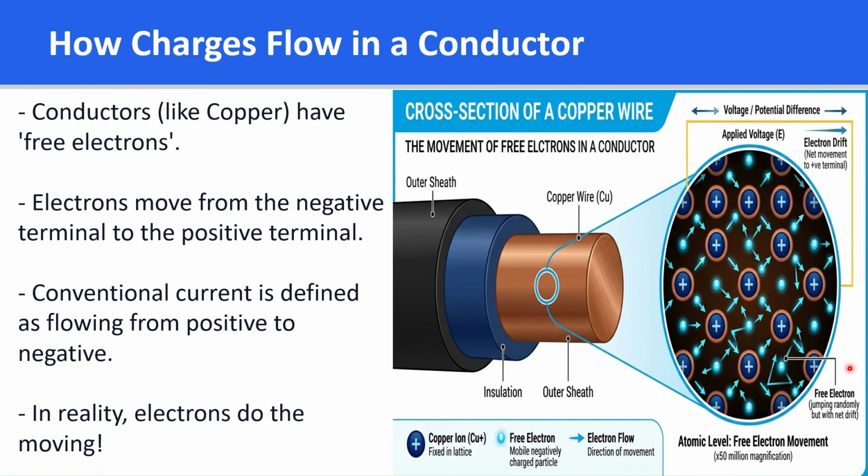Which direction do electrons actually flow? Again, from negative to positive. Next question, why are metals good conductors? Metals are good conductors because they have many free electrons that can move easily. So in reality, electrons do the moving.